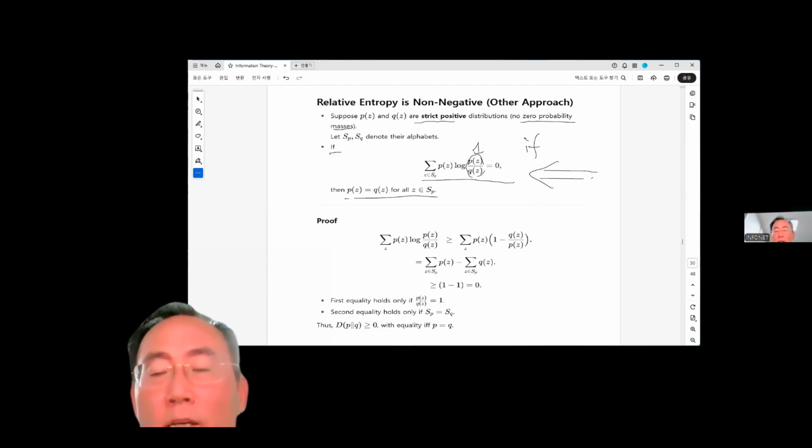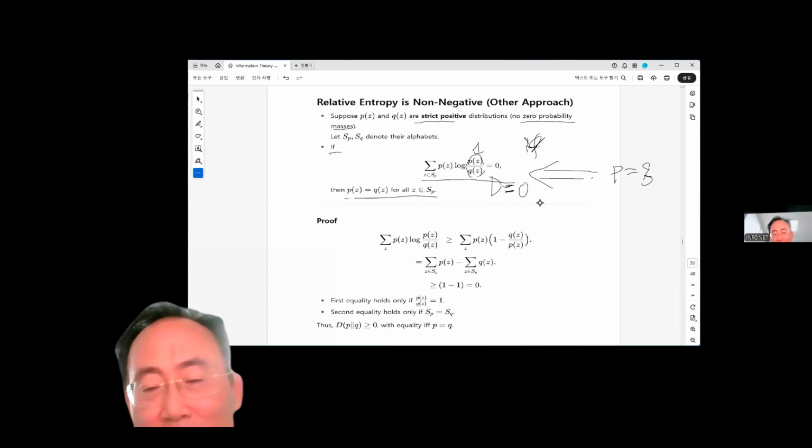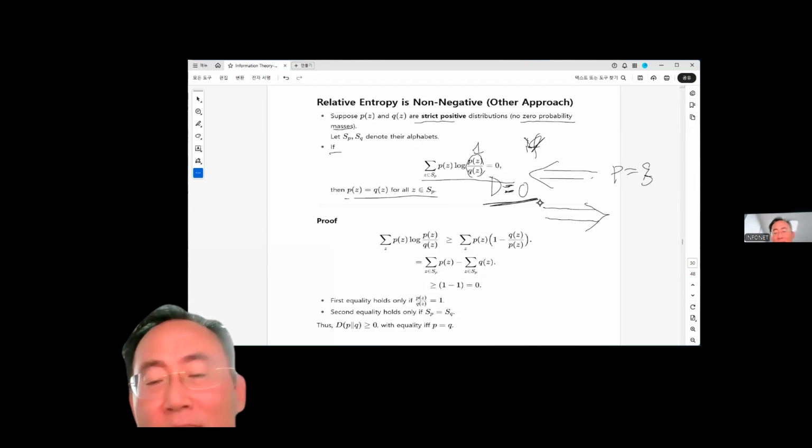So going this way, if P equals Q, then D is equal to 0. This is easy, right? But going the other way, the only if part: if D is equal to 0, then P should be equal to Q for all z.